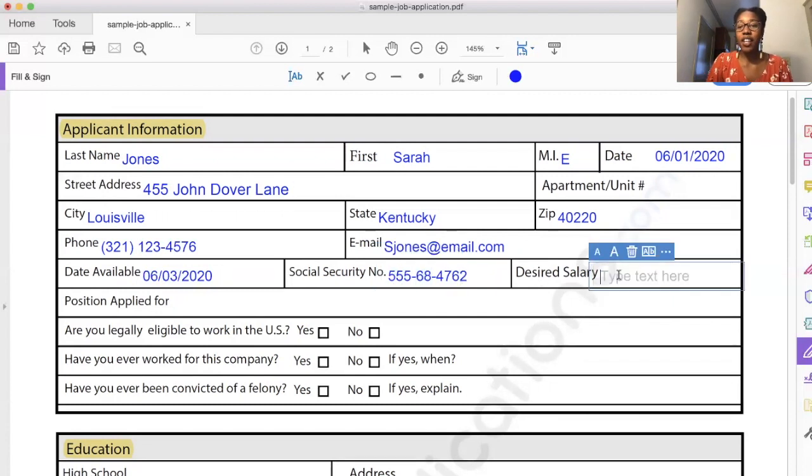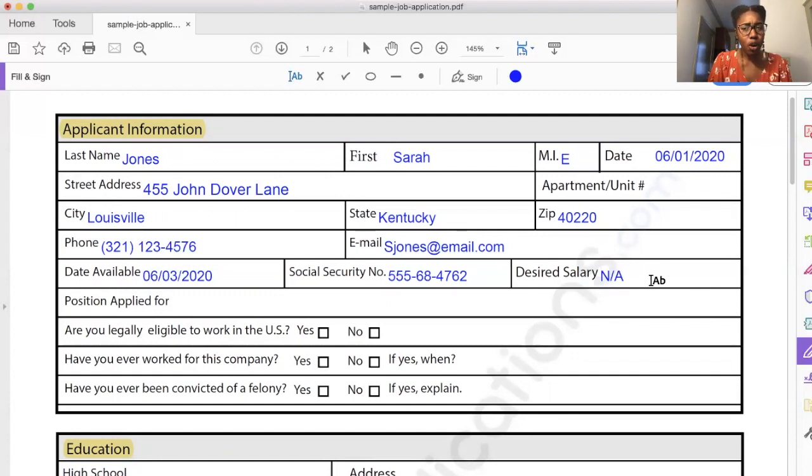Next, we have desired salary. Desired salary is the amount of money you want to be paid, the amount of money you want from your employer. If you are not sure, you put NA. This means no answer.